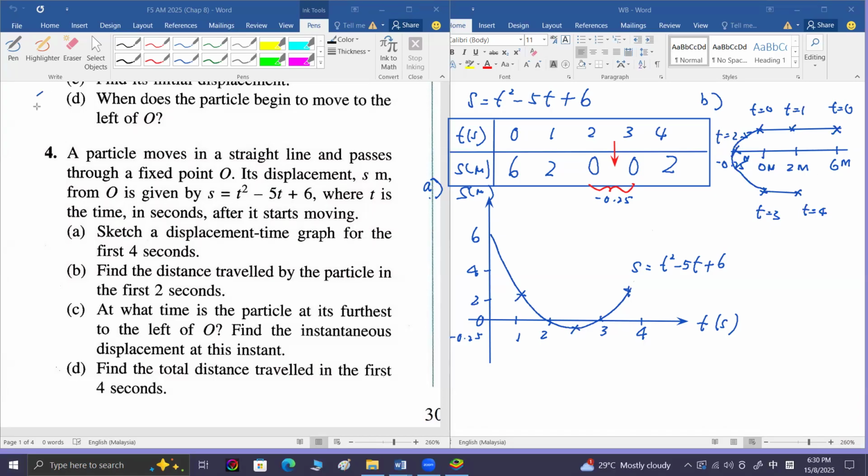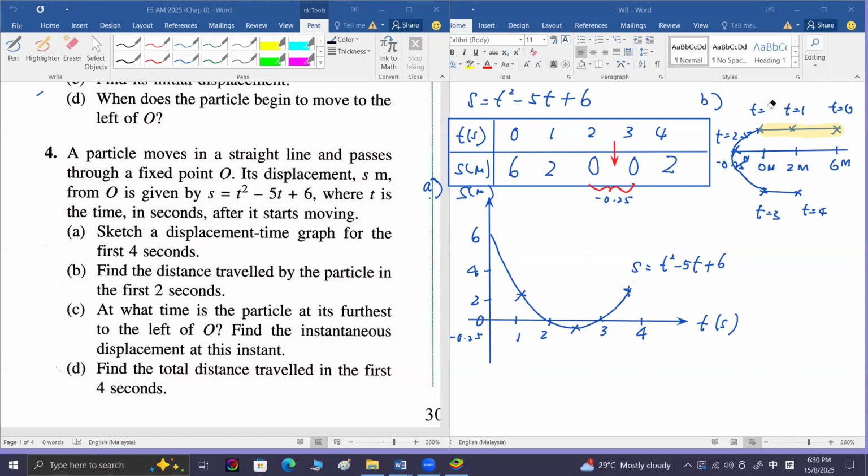So now look at what I'm going to explain to you, class. From here to here, okay? So it means the distance that it moves. They asked to find what? The particle in the first two seconds. Wait, I made one mistake here.